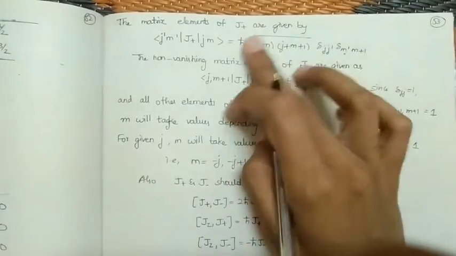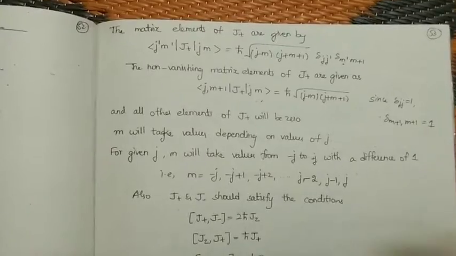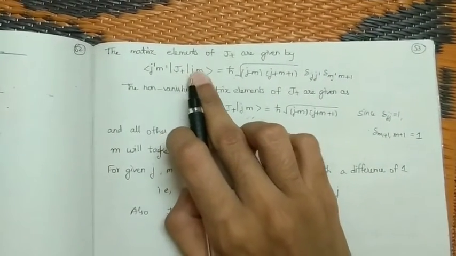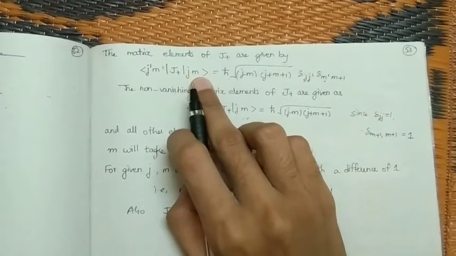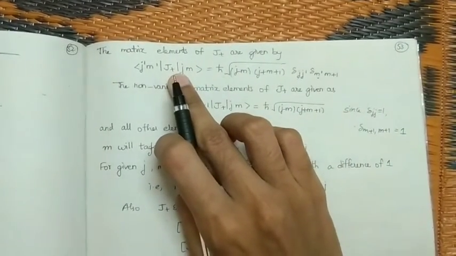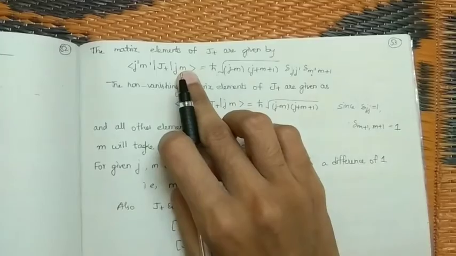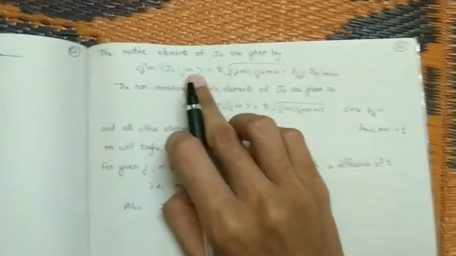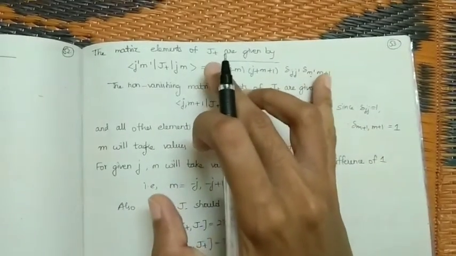What this J plus operator does is increase the value of m by 1. So it is a raising operator, m changes to m plus 1, and that's why we have m plus 1 here.